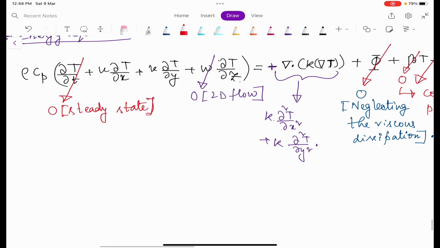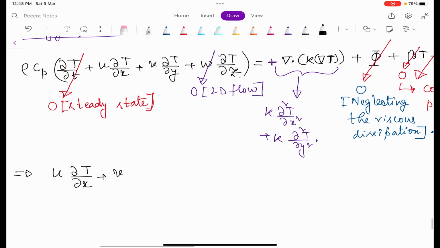So then this becomes what, the equation becomes u del T del x plus v del T del y is equal to k by rho Cp, that is alpha, times this plus this.